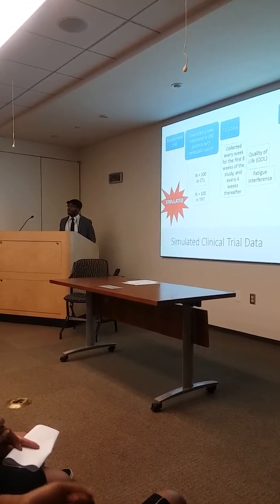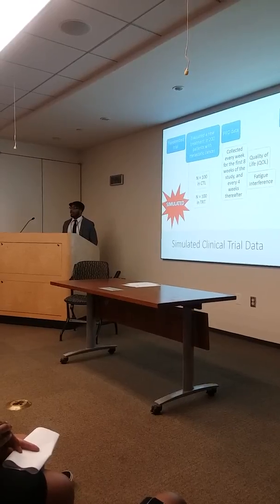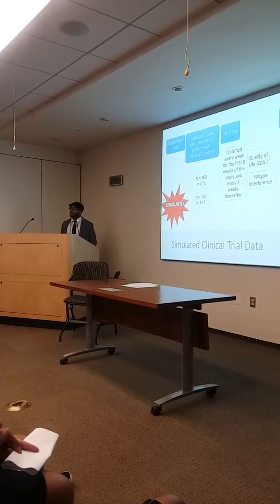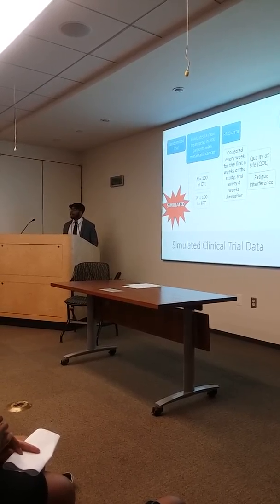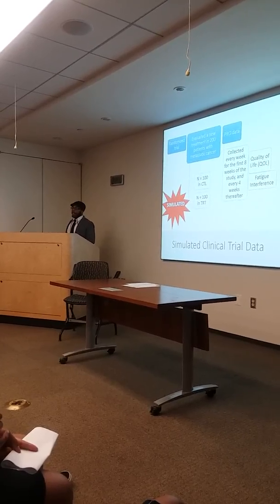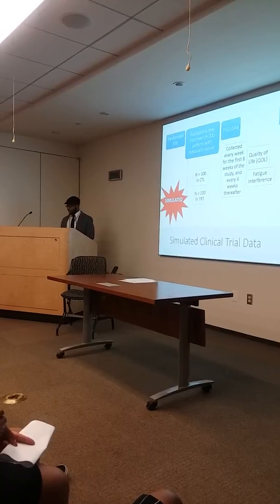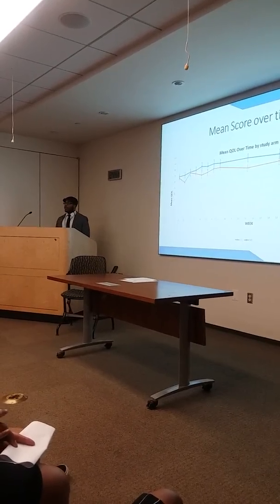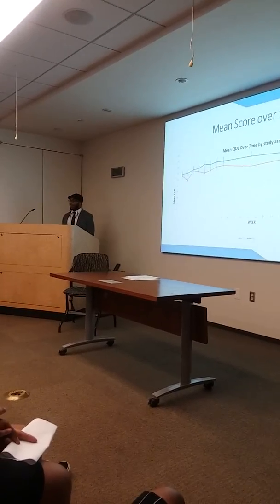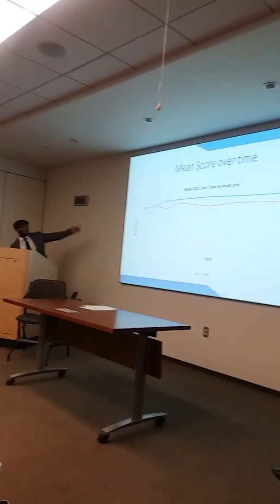The patient-reported outcomes that we're going to talk about are quality of life, or QOL for short, and we're going to focus on fatigue. On the later slides, we're going to show 2 graphical summaries of these variables. The first graph is the mean score over time graph.